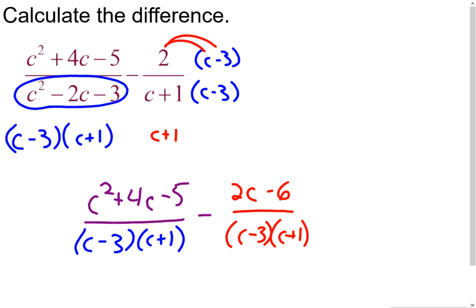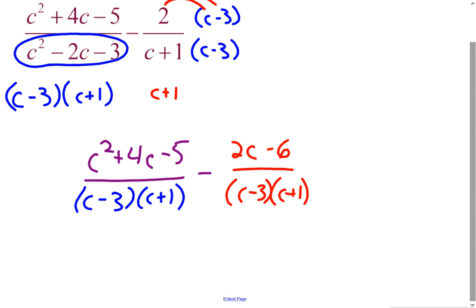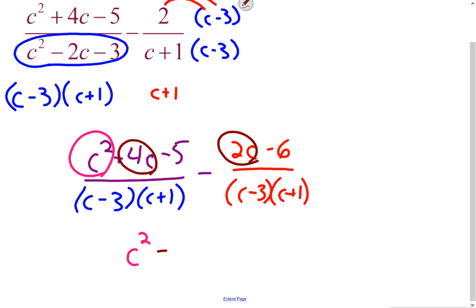And now, since our denominators are the same, we can subtract. So I go through and I look for like terms. C squared, no other like terms like that, so I know my answer is going to have a c squared in it. And then we'll go to the constants. So I have the 4c and the 2c. 4c minus 2c is a positive 2c.